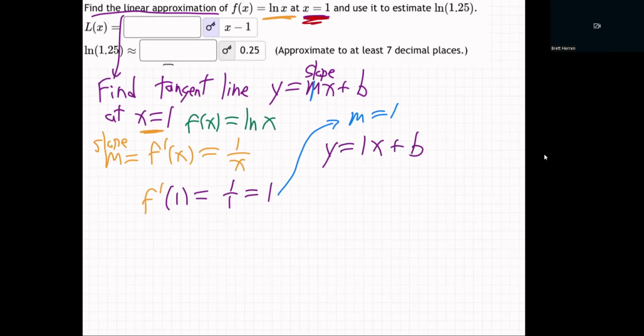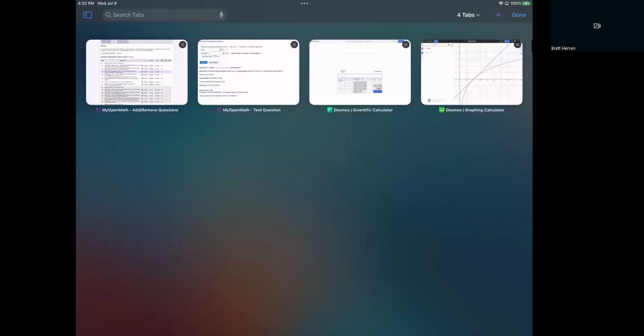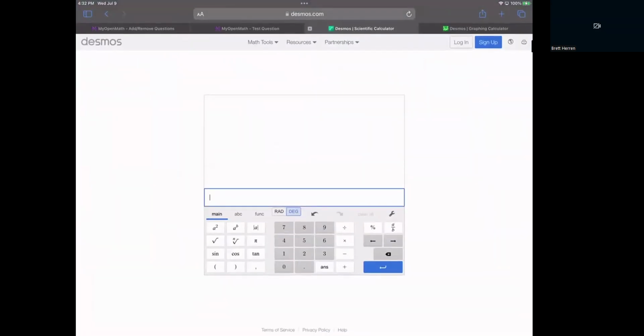Okay, we're going to plug in x equals 1 in a minute, but what's the y value of the function? Well, the original function is f of x is natural log of x right here. And if we plug in 1, we get natural log of 1, and do you know what that is? It's 0. You can check it on Desmos if you want. Here, I'll go back to Desmos real quick and clear what I've got.